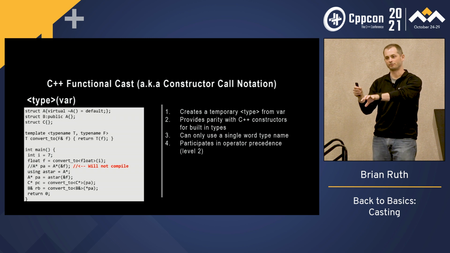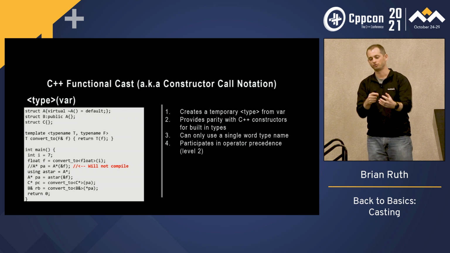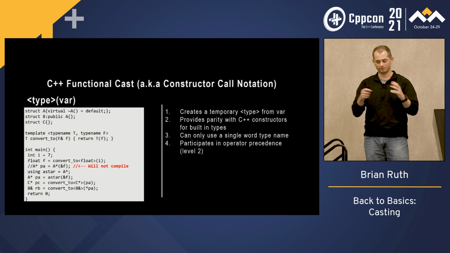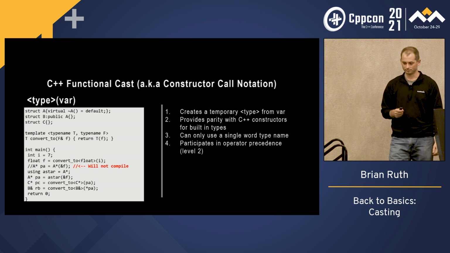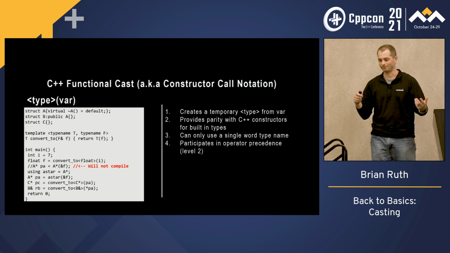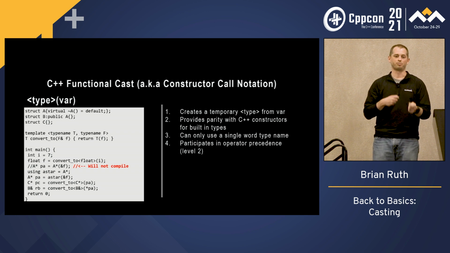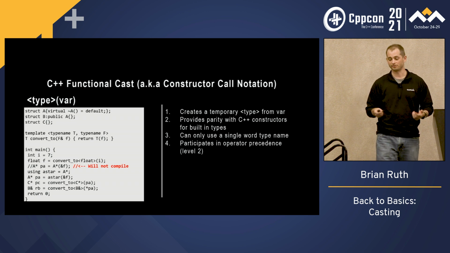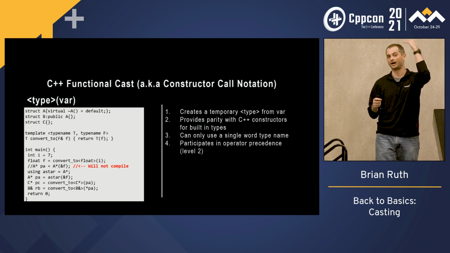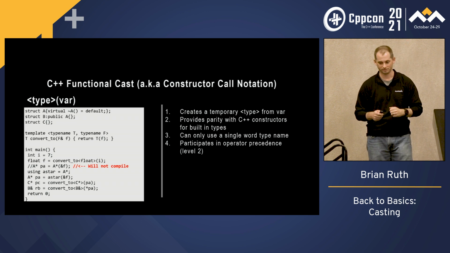And that is going to be substituted for T. So again, having that extra layer between it allows you to have different types and their options. So this also is going to participate in operator precedence. It's going to be level 2, so actually this is a little bit higher precedence than the previous C-style cast.